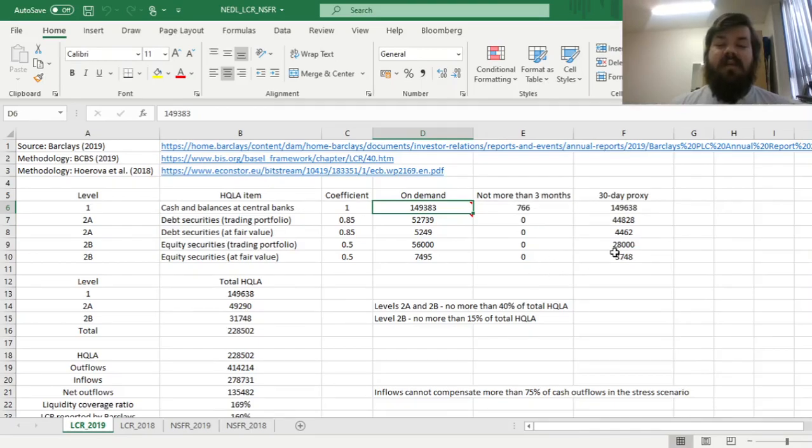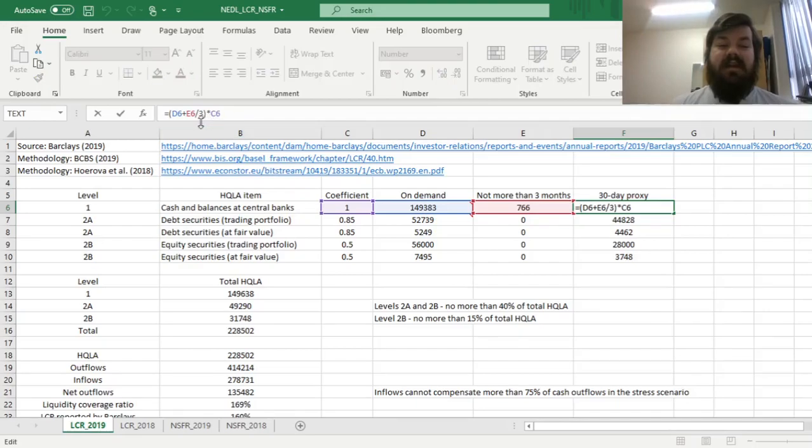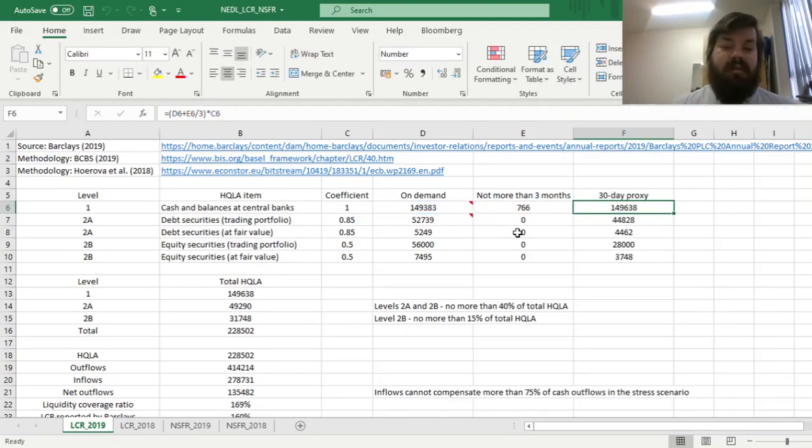Well, here we can arrive at a 30-day proxy by adding up the value on demand and the value that goes under not more than 3 months, divided by 3. So this would be on demand plus those that mature in 1 month. And as there are 3 months in that period and we're interested only in 30 days, we can divide by 3. And again, this is a reasonable assumption to arrive at such a proxy.